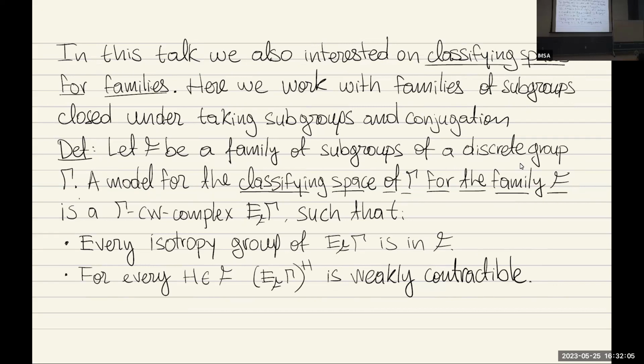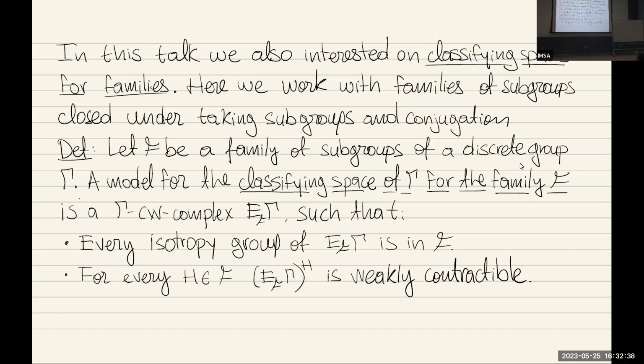Okay, for this talk, I also need to talk about the classifying space for families. Here we work with families of subgroups closed under taking subgroups and conjugation. Let F be a family of subgroups of a discrete group gamma. A model for the classifying space of gamma with respect to the family F is a gamma CW complex, E_F gamma, that satisfies these two properties.